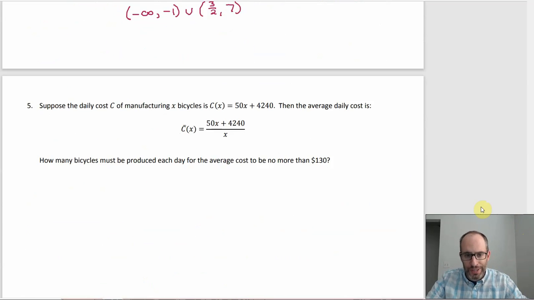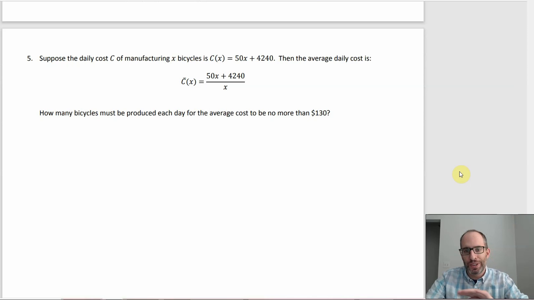So 5 says, suppose the daily cost C of manufacturing bicycles is given by that function C of x. Then the average daily cost, so like average per bicycle, would just be that divided by x, since that's the number of bicycles. So how many bicycles would have to be produced each day for the average cost to be no more than 130?